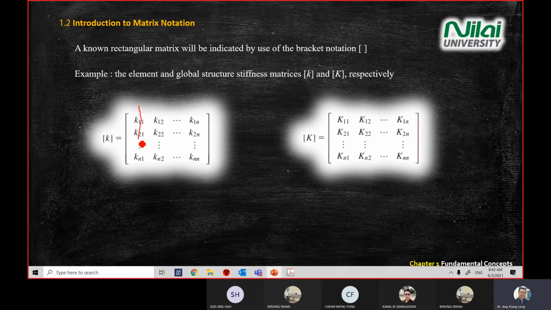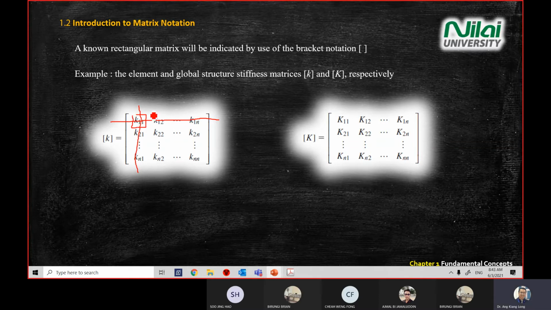This is row number 1, this is column 1. This number is like a parking lot, so if you learn about matrices, be careful how you park your number. K11 means the number should park at this location, row 1, column 1.